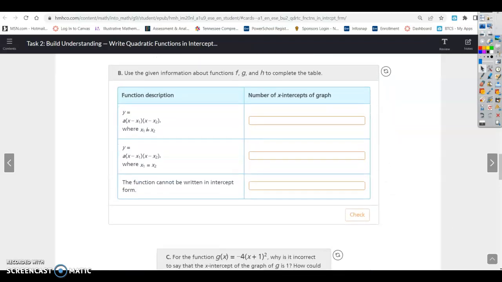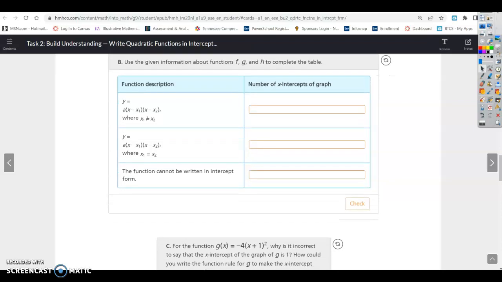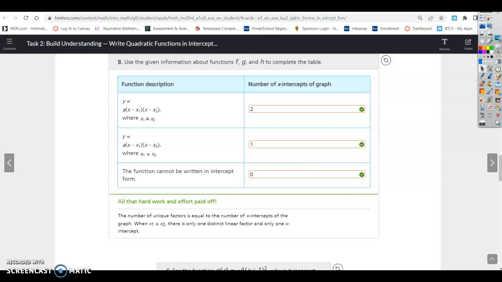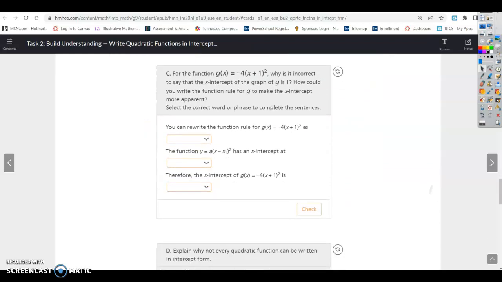All right, use the given information about functions f, g, and h to complete the table. How many x-intercepts are on the graph? So this one has, if these are not equal, that means this one has 2. If these are equal, that means it has 2 factors, but they're going to have the same zeros, so only 1. And this one doesn't cross the x-axis, so there would be 0 x-intercepts or 0 real solutions.